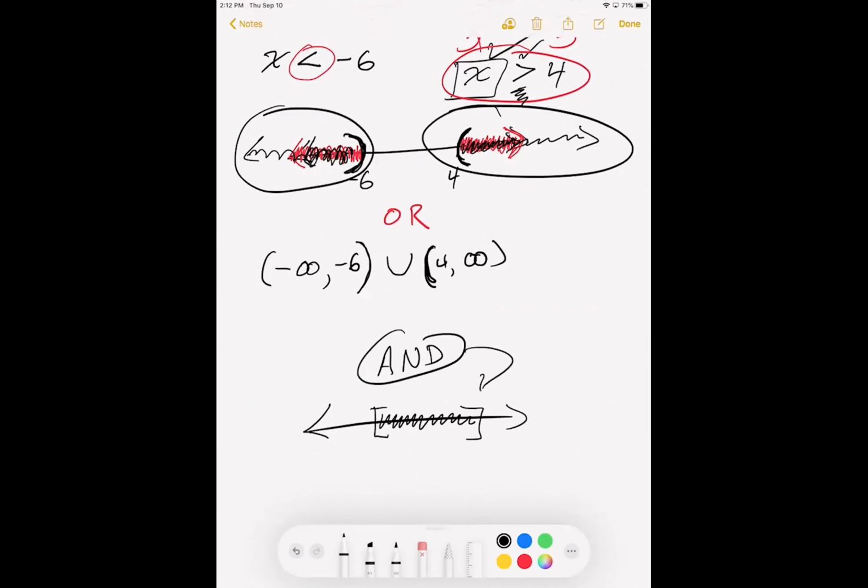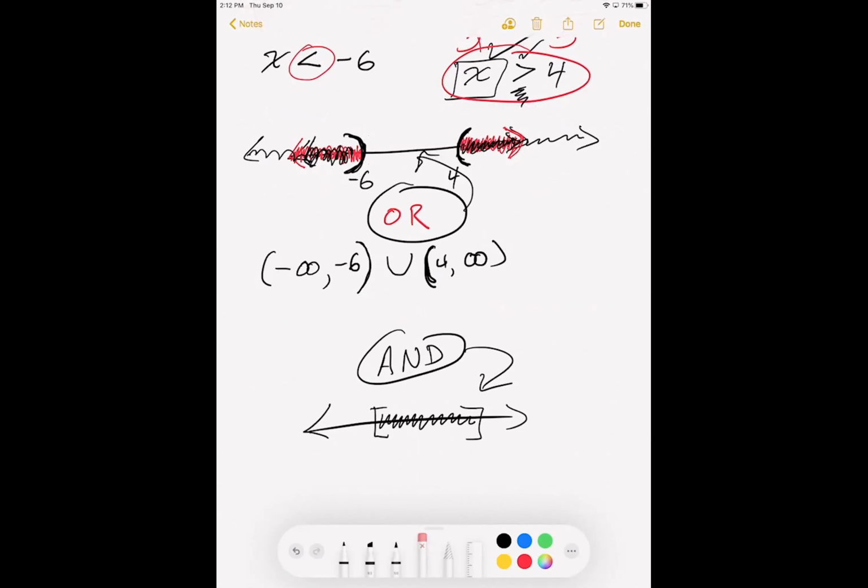The graph for the AND looks like that. The graph for the OR will look like this. And the interval for the AND, if you remember, is you have some number inside and some other number on the inside, so they overlap.